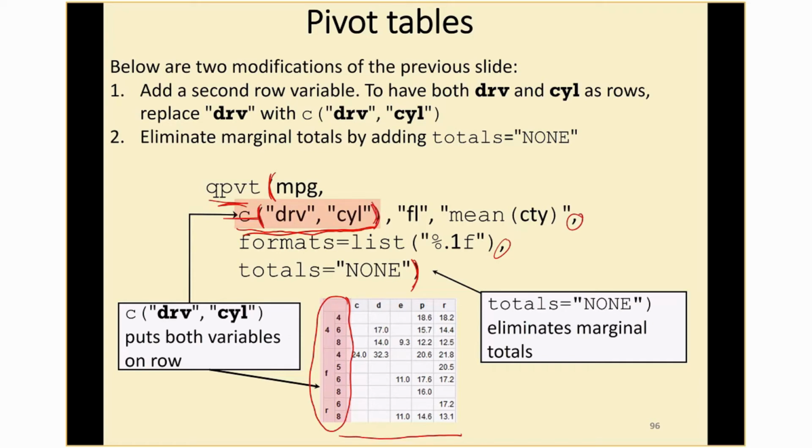On the columns, I want fuel. Fuel is going to go in the columns. And in the body of the table, what I want is average city mileage. So it goes in the body. As in the previous instance, I only wanted one decimal point, so I did the 0.1. And then the way I got rid of those marginal totals was, after this comma, totals equals none.